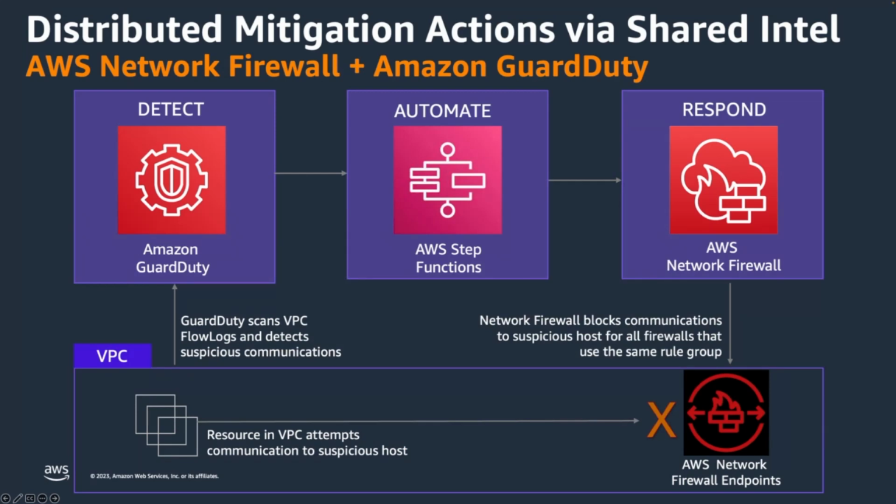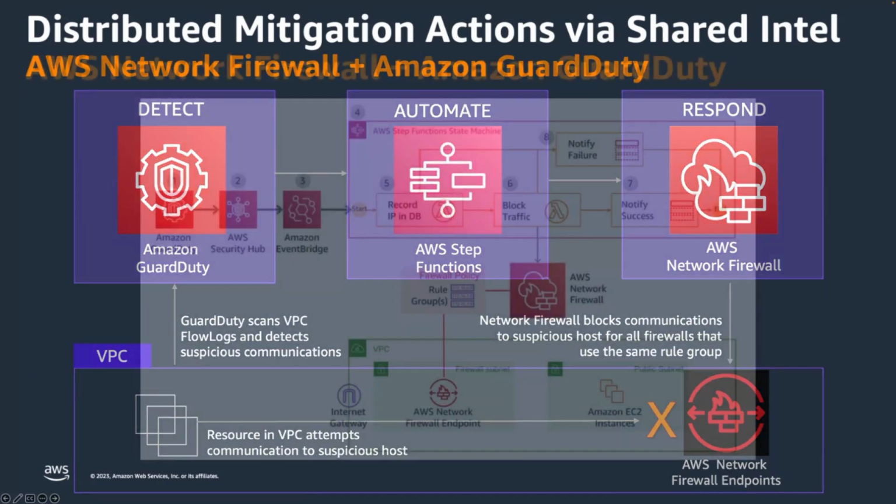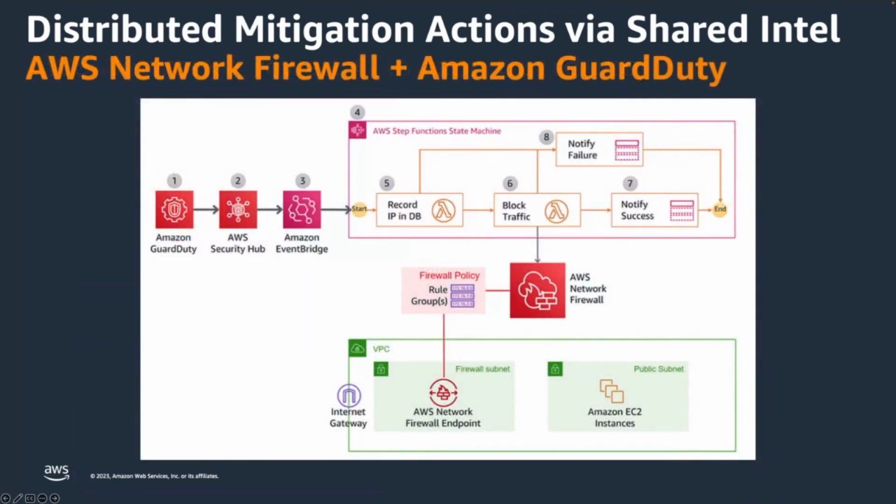So in this case, the goal is to remediate on Network Firewall by blocking the source IP of the threat that was detected by GuardDuty. So here, Michael will now highlight for us how the alerts from GuardDuty can influence the block actions taken on AWS Network Firewall. Michael? Sure.